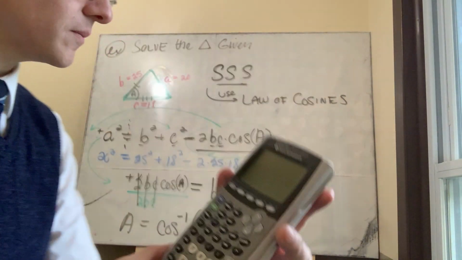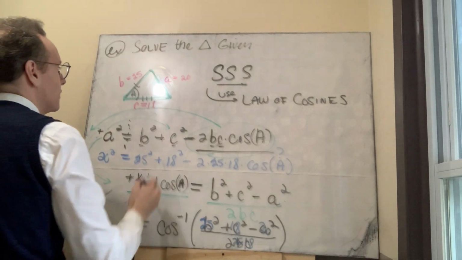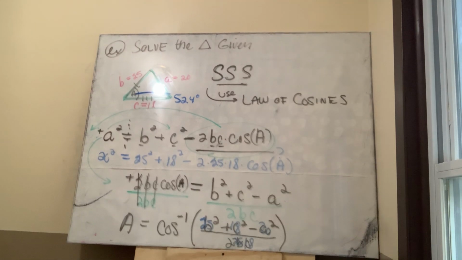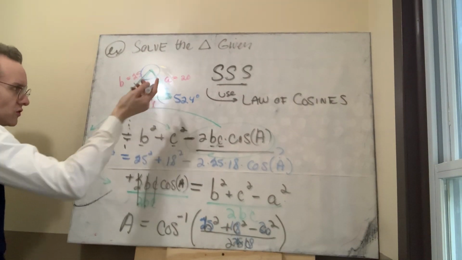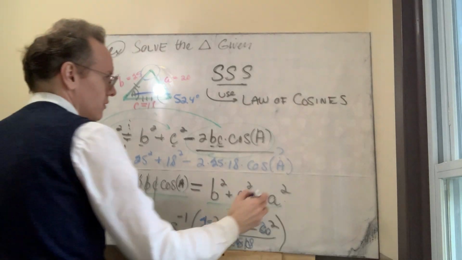Here you go. 52.4. All right. So this would be the angle A, 52.4 degrees. If they were to ask you to find the other two dimensions, you can basically use the law of sines at this point.